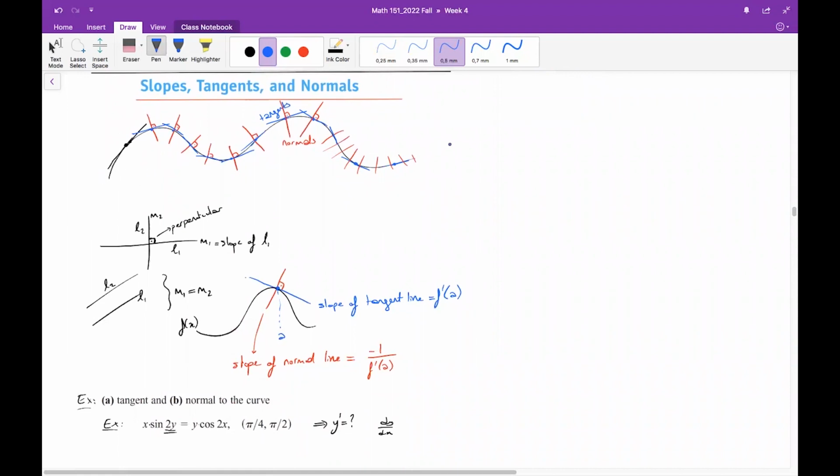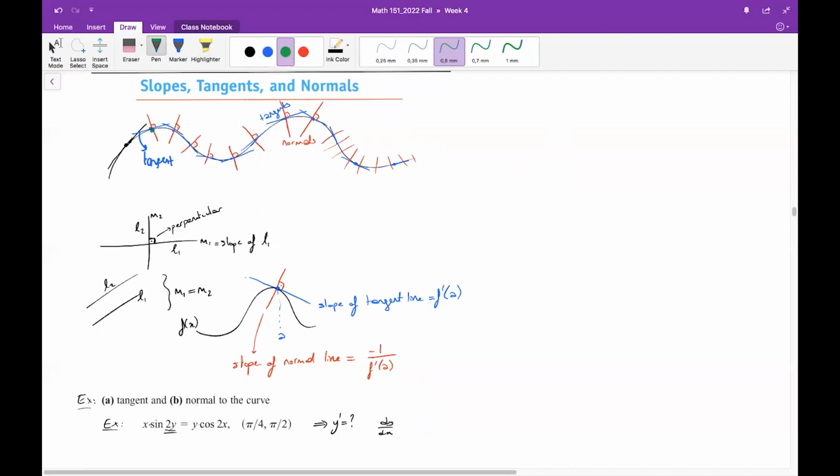You have a curve here, and at any particular point you can draw the tangent line to your curve, which is this blue one, and the line that is perpendicular to the tangent line is called the normal line. The blue one is the tangent line drawn at this particular point.